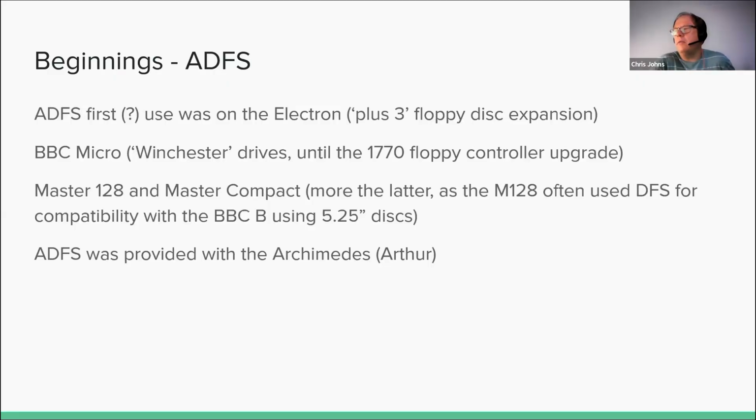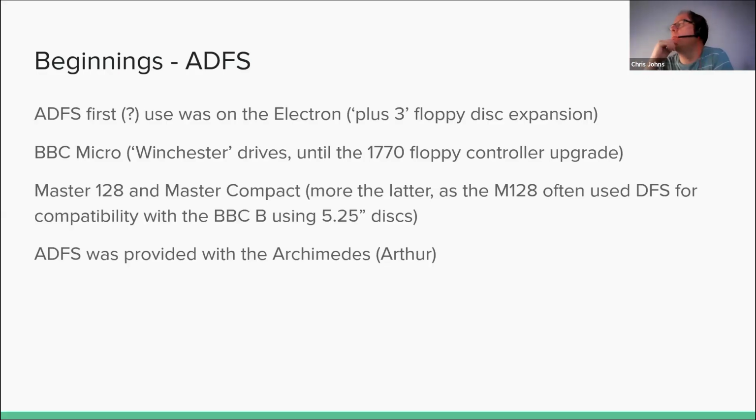The Master 128 generally people would use with a 5¼ inch floppy drive, so that was generally DFS, because it would then be compatible with the BBC. The Master Compact had the 3.5 inch drive, same as the Electron, so it was less of an issue that it didn't fit the BBC, because the physical disk wouldn't fit.